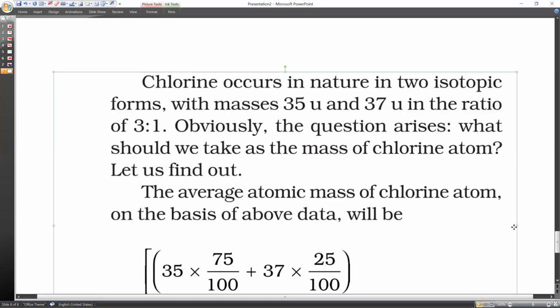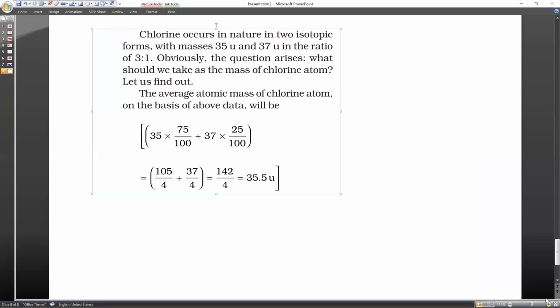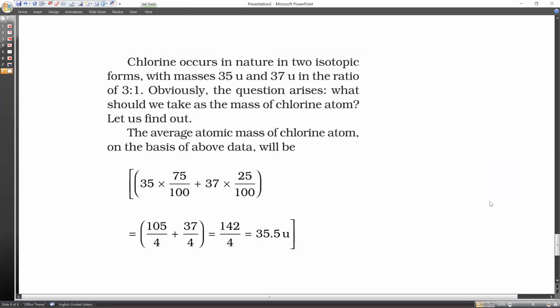Note it down this way: chlorine occurs in nature in two isotopic forms, 35 and 37, in the ratio 3:1.